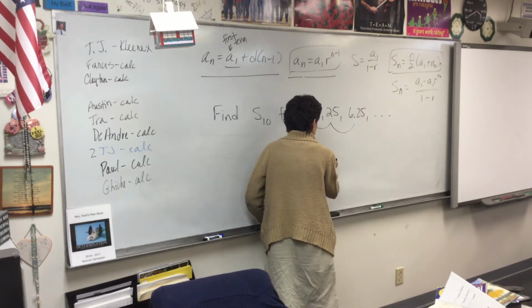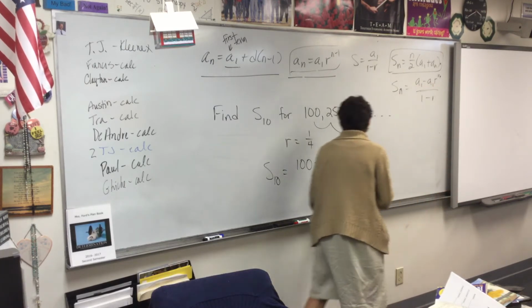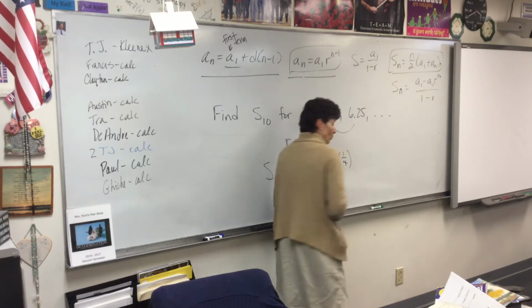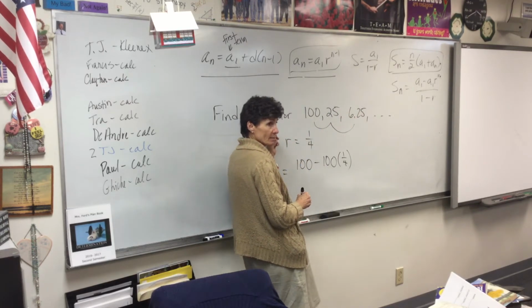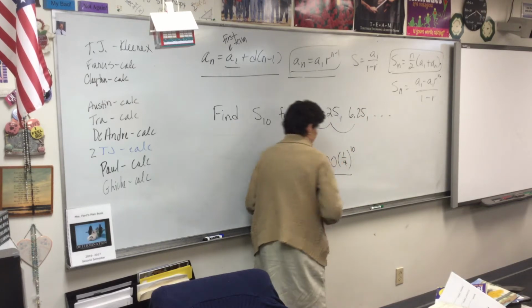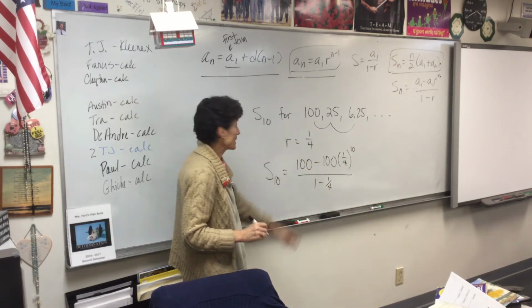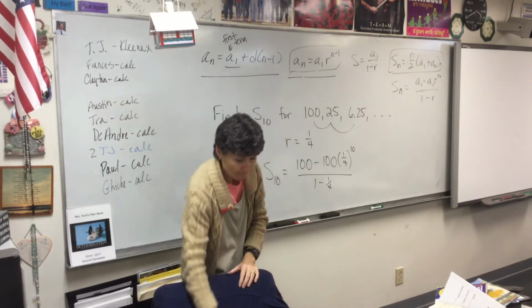Minus 100 again. A sub 1 minus A sub 1 times the ratio to the nth power, which is 10, over 1 minus the ratio. That's all I'm doing is plugging my information into that formula.